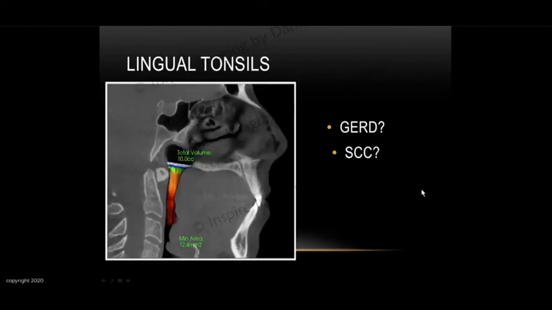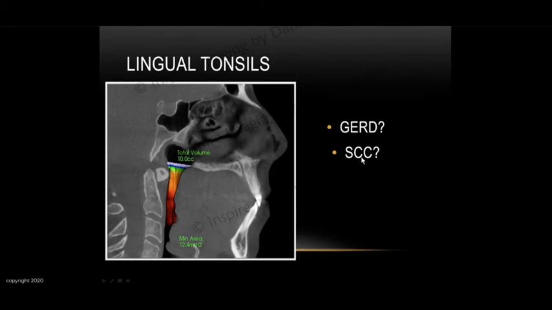So now let's descend into the lingual tonsils. And in the lingual tonsils, this area can also narrow the oropharynx. And we can have large lingual tonsils because of inflammatory reasons. And some of that inflammation can be due to gastroesophageal reflux. So with the reflux of the acid into the oral cavity, this area gets irritated, it enlarges.